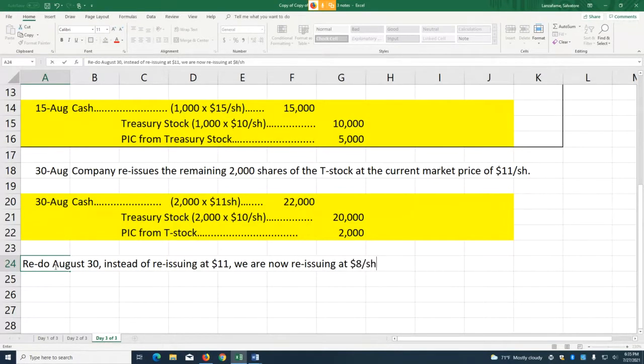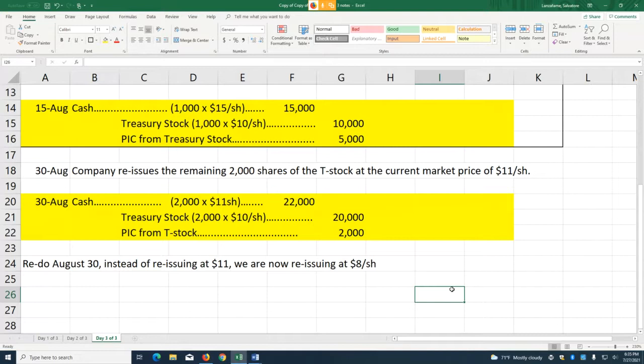So it's as if the previous transaction never happened. So in this situation, what you have to remember is your pick from T-Stock, in this account right here, okay, so pretend this never happened.